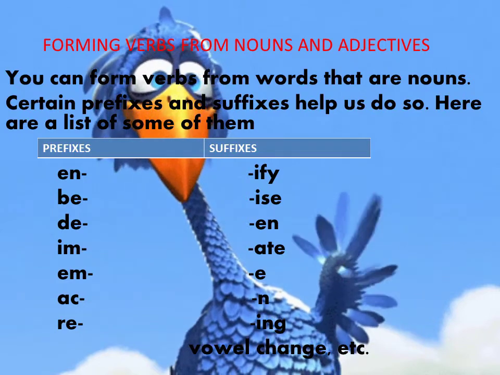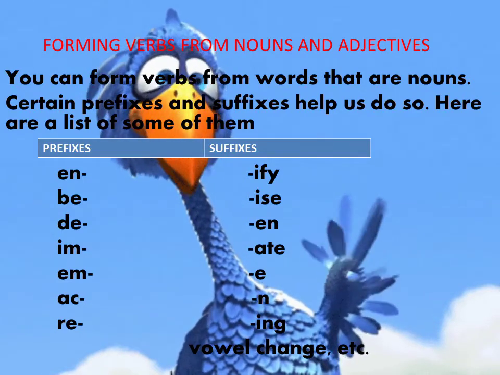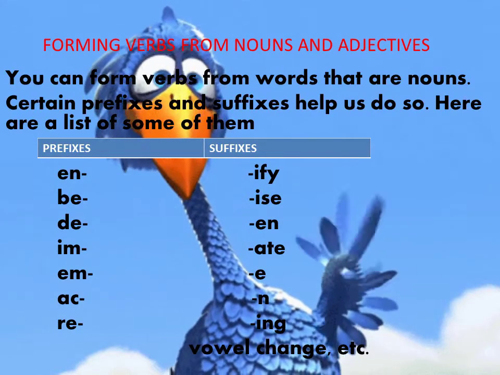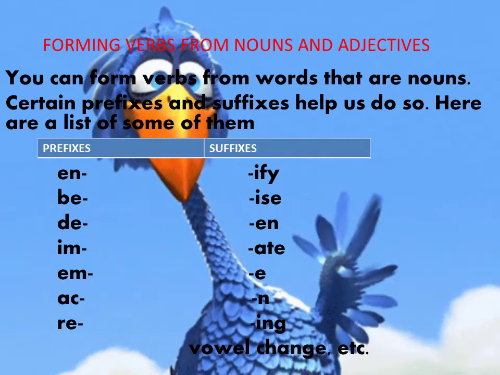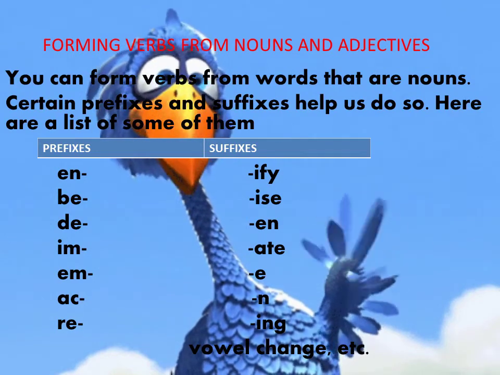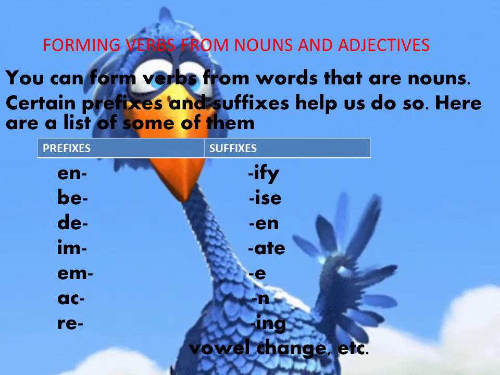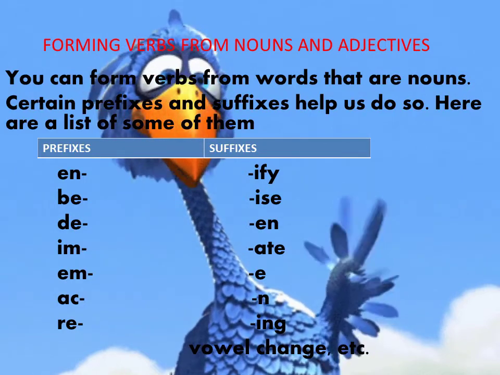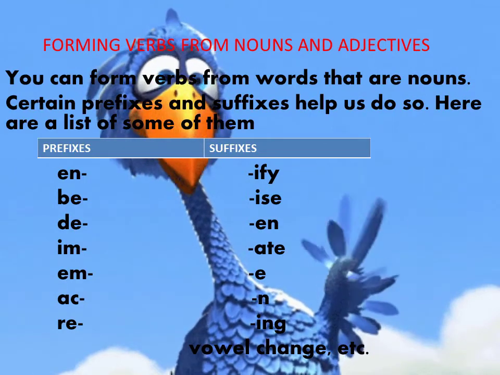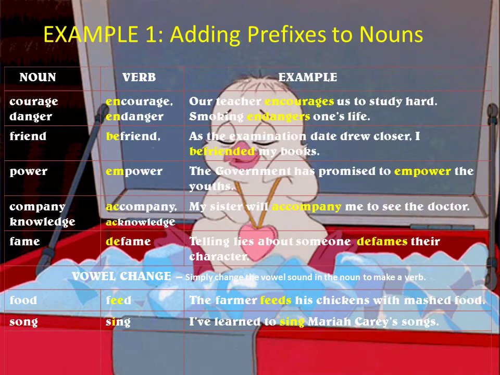Then again, we also have another method that we introduce that can also help us to form verbs from words that are nouns, and that is vowel change. So, having known these prefixes and suffixes, I will be introducing you to how we use them in this process. Now, let's consider example 1.